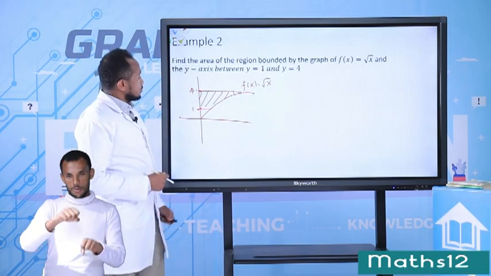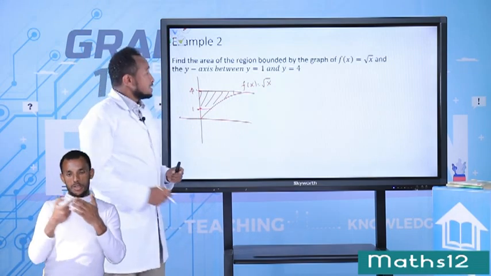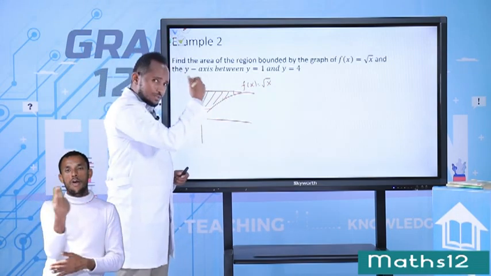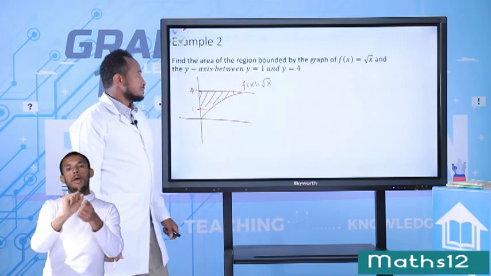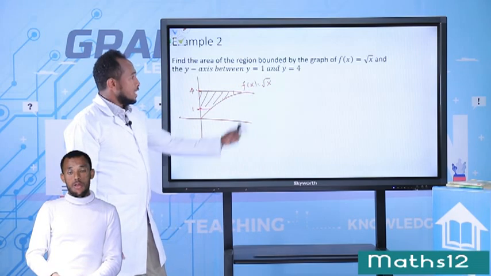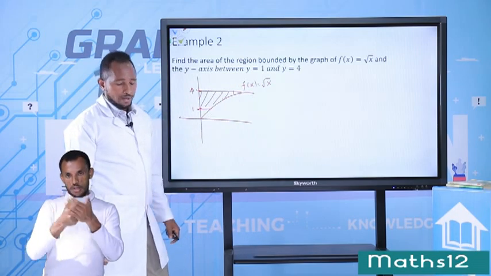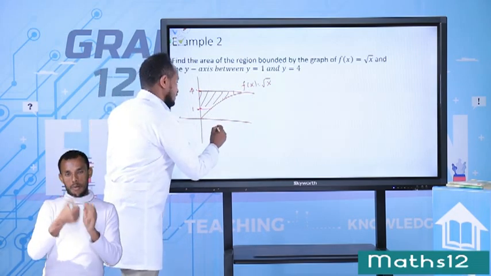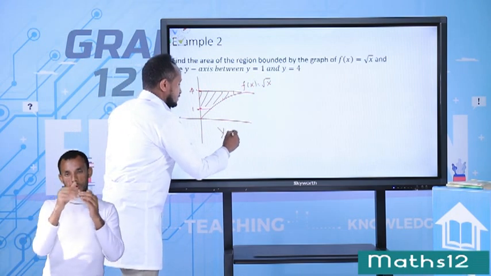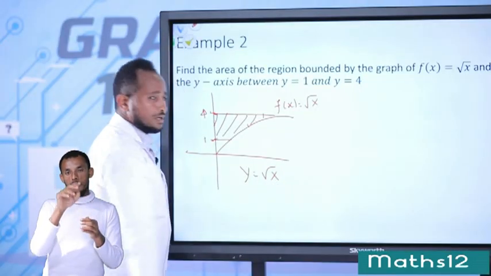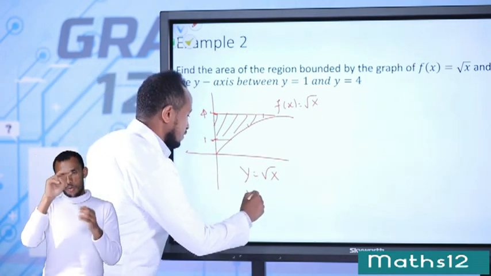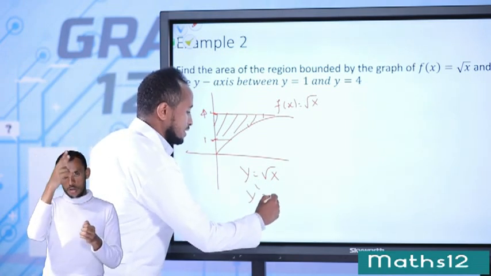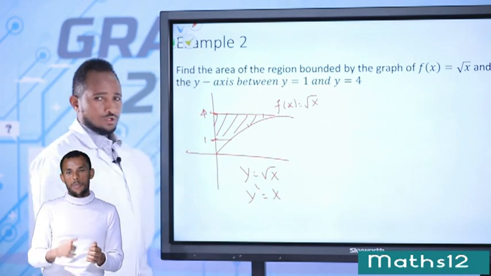To evaluate this region, this function must be written in terms of variable y. So I need to change this function in terms of y. Therefore, you know f of x is y. Y is equal to the square root of x. So square both sides, and you'll have y squared is equal to x.